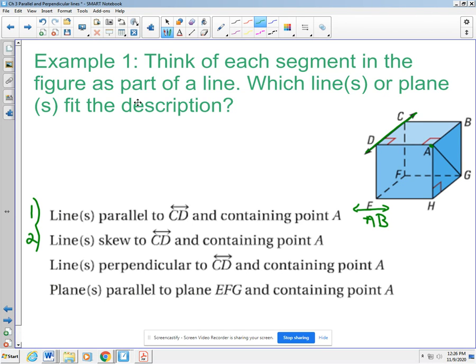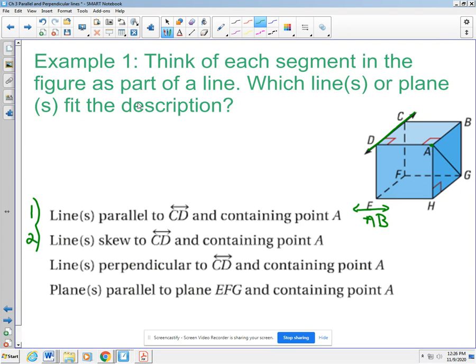Example number 2. Line skew to CD and containing point A. Let me erase this. So line skew to CD. CD is this again, and containing point A. So which line is skew?